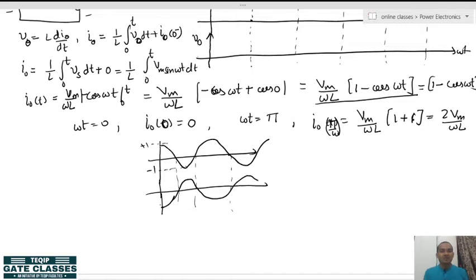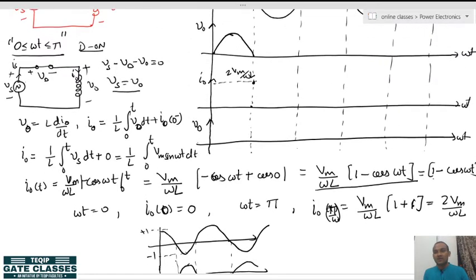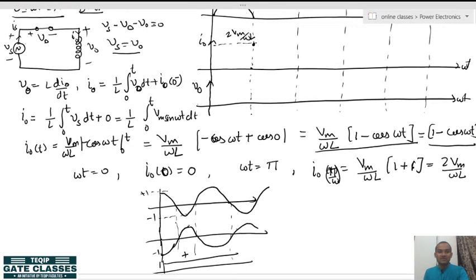And when you add a constant value of 1 to this waveform, the minus 1 point will shift to 0, the 0 point will shift to 1, and the peak value of 1 will shift to 2. So at the instant of pi, it is going to the twice value.